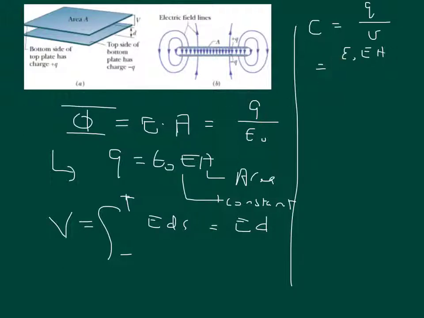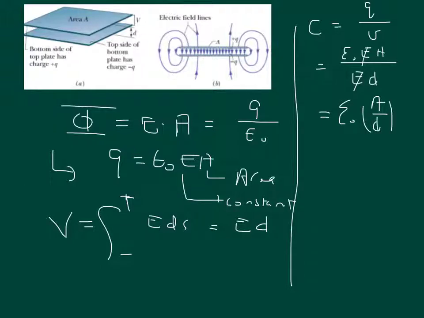It's from here. Divide by electric potential, which can also be written as E D. So from this, we clearly see the electric field cancels out, and all we get is epsilon naught times A over D.